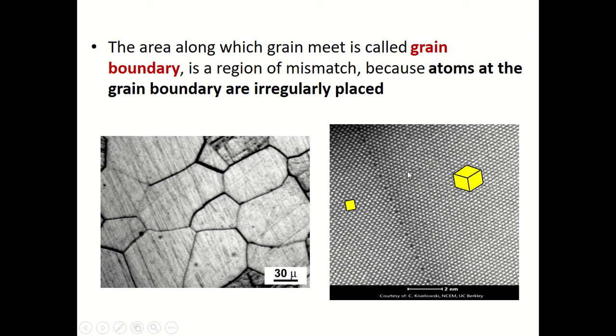Let us say this is grain 1 and this is grain 2. If you take grain 1, the arrangement of atoms in grain 1 is almost similar. The atomic arrangement is nearly identical within each grain, but the orientations of the two grains are different, and they are separated by an area called the grain boundary.